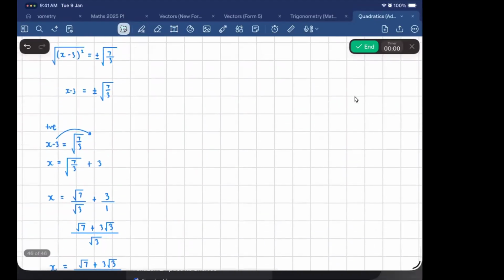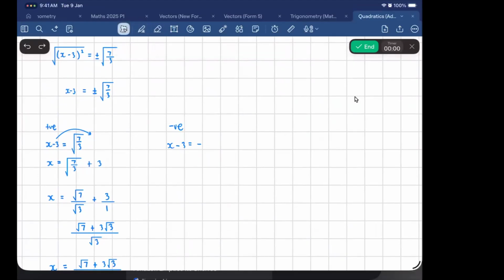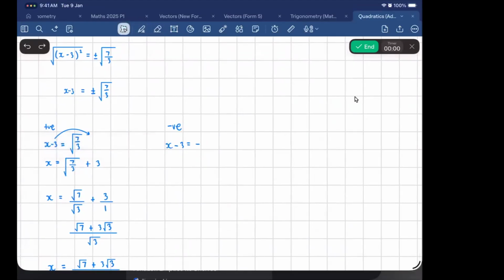All right, let's do the negative solution now. It's the same procedure, it's just that you're dealing with negative root 7 over 3, plus 3. I'm going to skip some steps, because it's the same procedure as the positive.